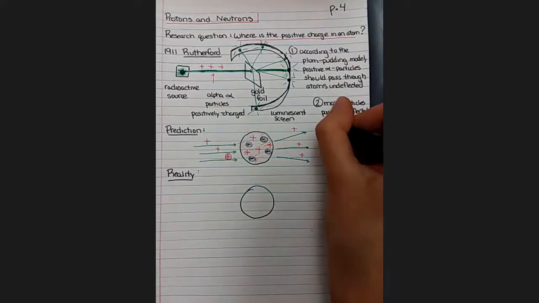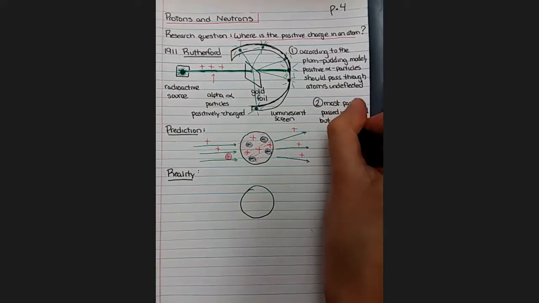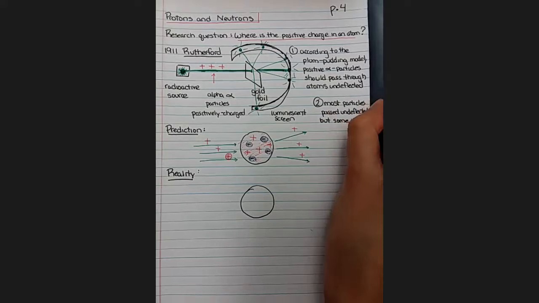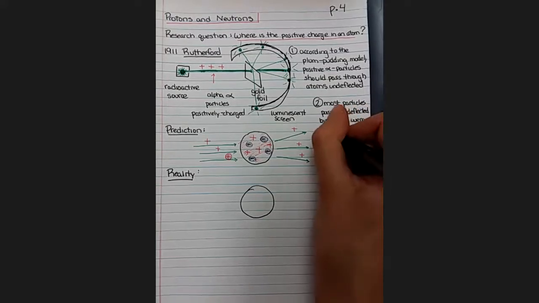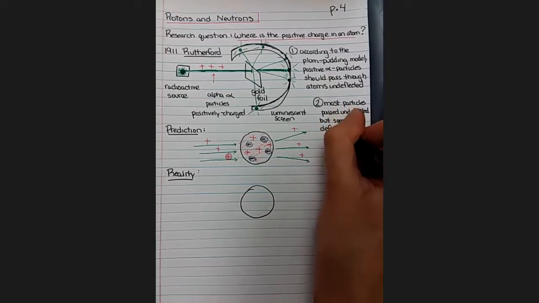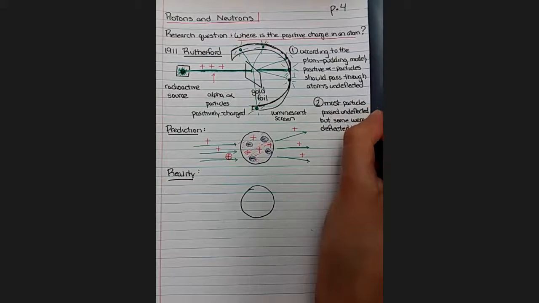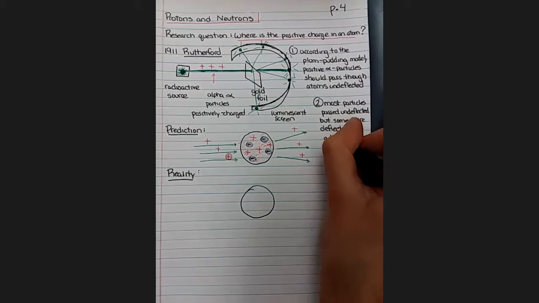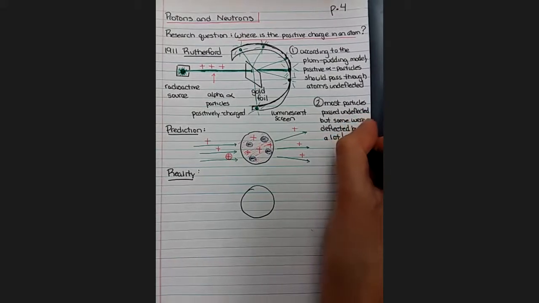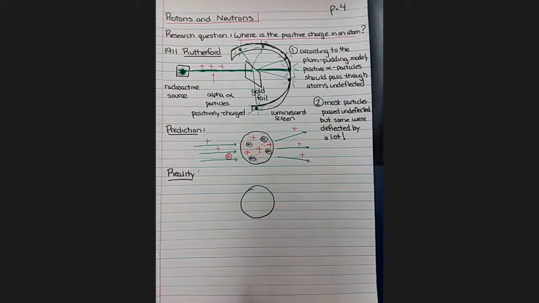Here we go. But a few of them were deflected by a lot. And it was a complete surprise. So we have to modify our view of the atom to adjust for that.